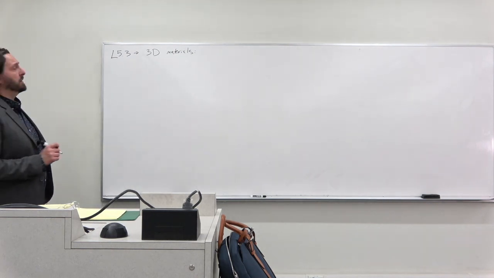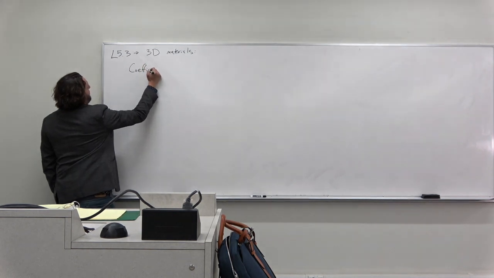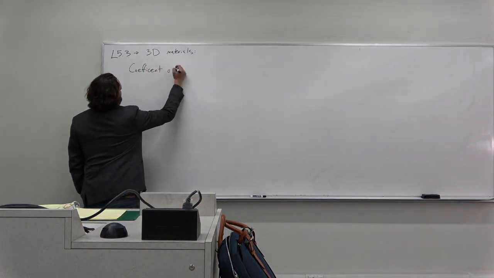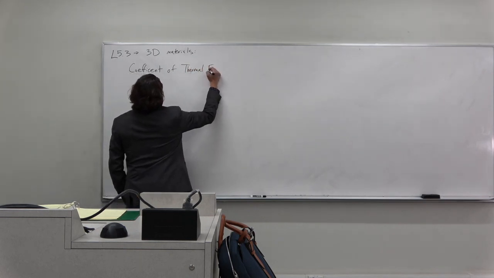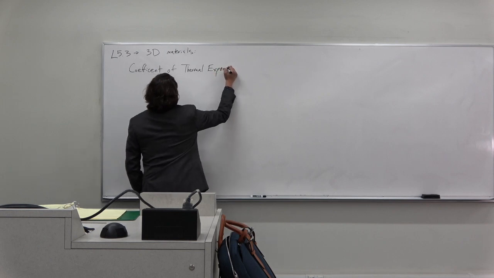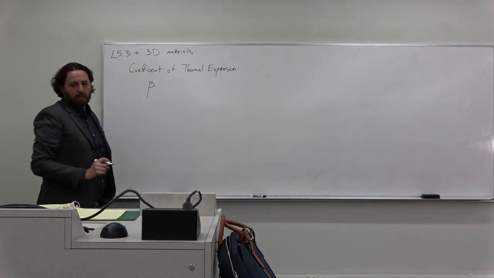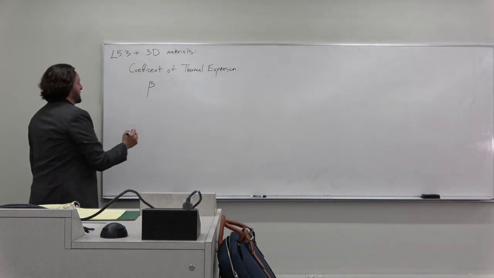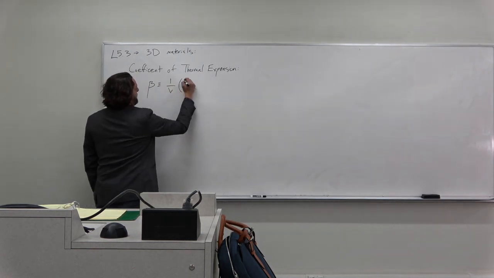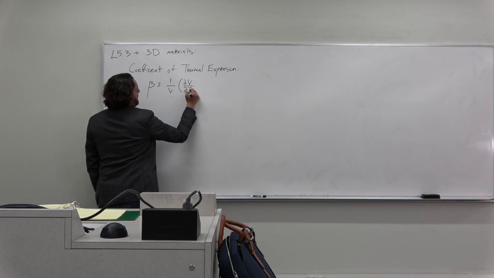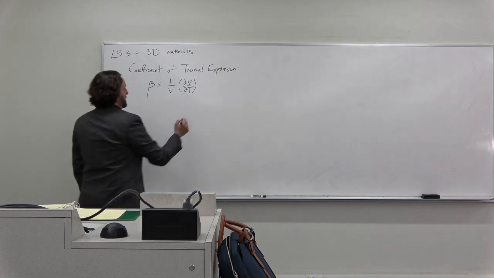And what I'm going to do is just sort of tell you the coefficient of thermal expansion in 3 dimensions is called beta. Okay, so beta is defined to be how the volume changes with temperature at fixed pressure.